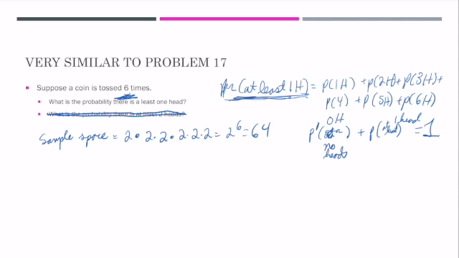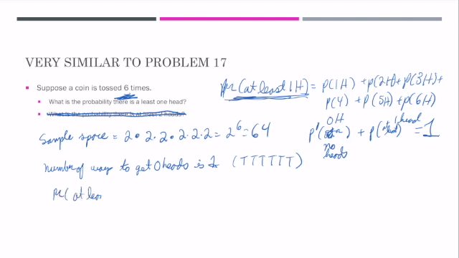So the number of ways to get 0 heads is 1. It would be tails, tails, tails, tails, tails, tails. Okay. So if I want to find the probability of at least one head, I can take 1 minus the probability of no heads.